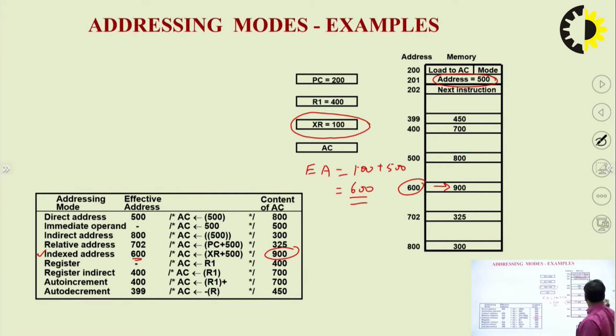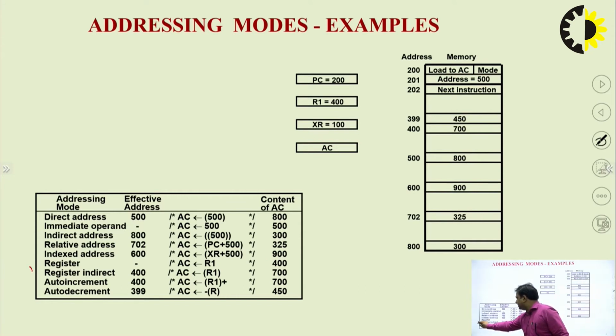Now we come to the next, that is the register mode. Register mode means, so this is not specified whether it is register direct or indirect. So we take this as register direct. If it were indirect, it would be indicated as register indirect. So this is register direct. As per the definition, the register itself contains the operand.